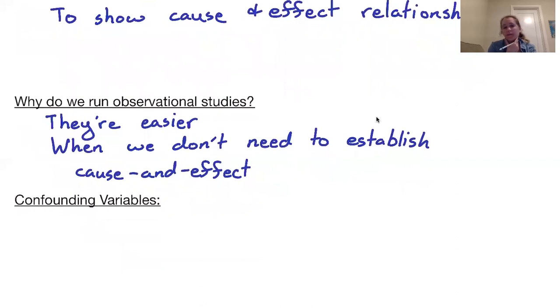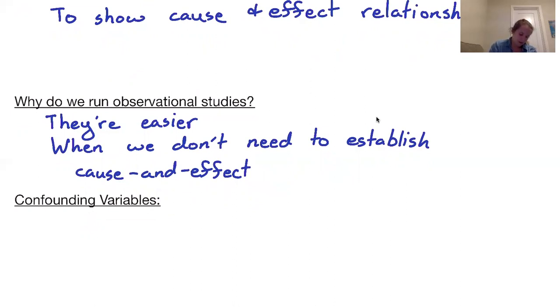One thing to watch out for are what are called confounding variables. So confounding variables can make it appear there is a cause and effect relationship when actually something else is causing the pattern.